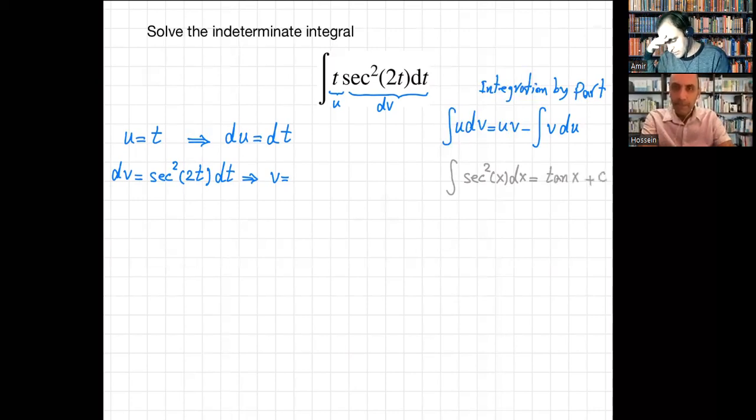And since here we have a coefficient of 2 times t, we are going to inverse that coefficient outside the integral. So you need to add 1/2, multiply 1/2.